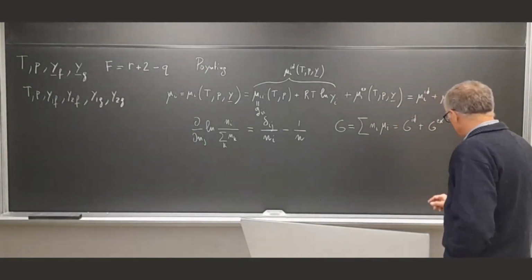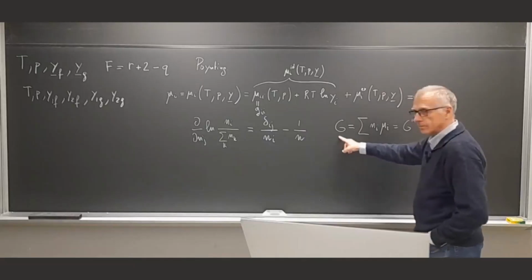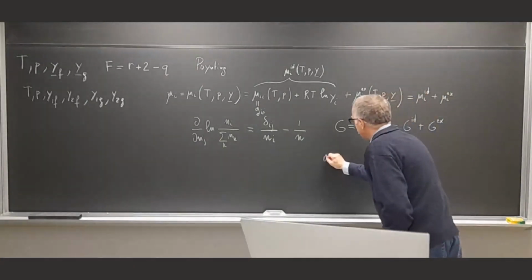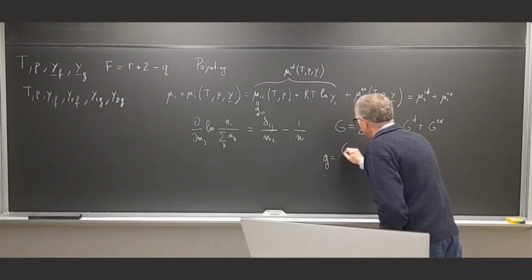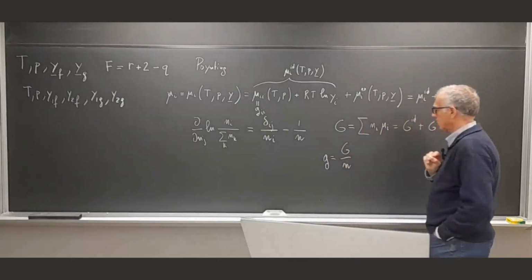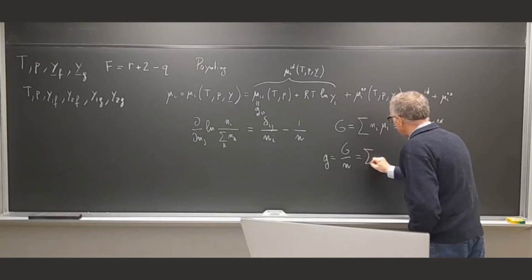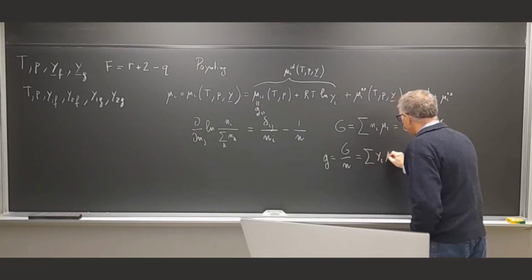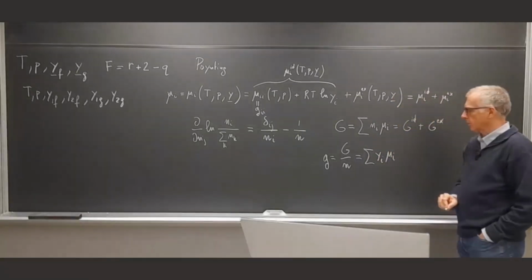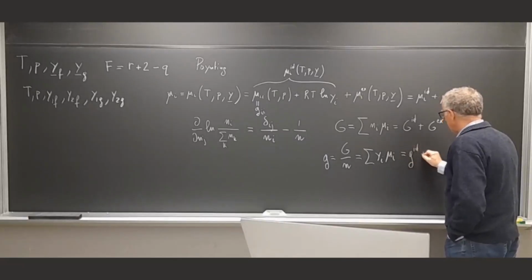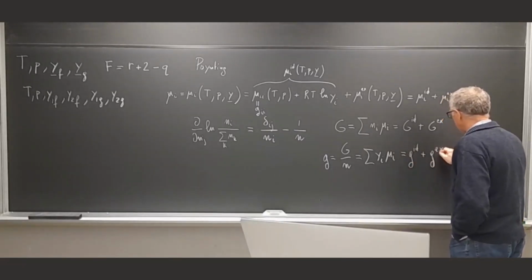So now, if I take this G and divide by N, that gives me G over N. Of course, that summation becomes the mole fractions weighted chemical potentials, and this becomes GID plus GX.